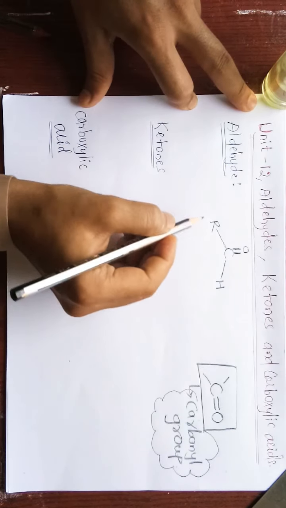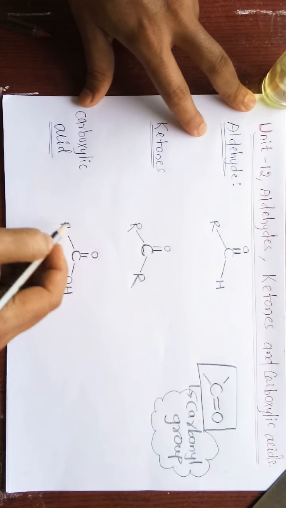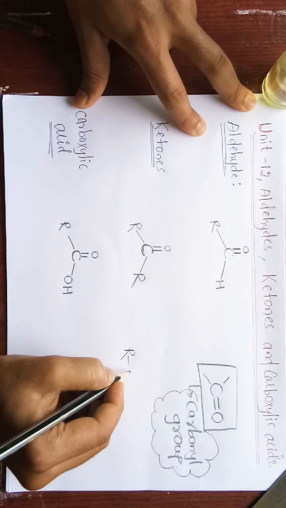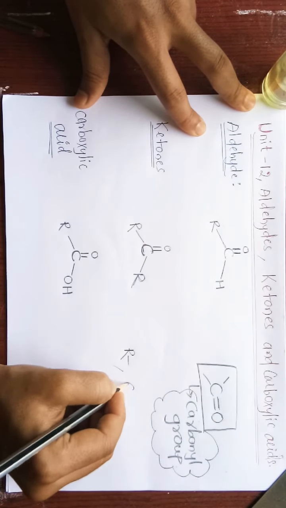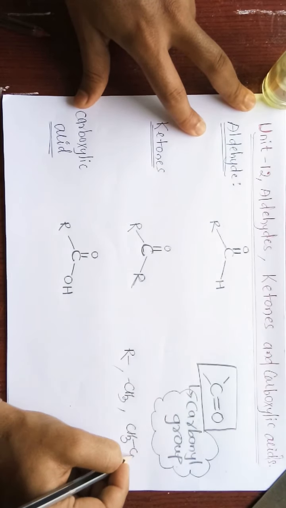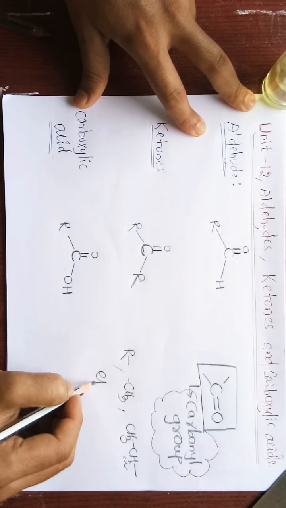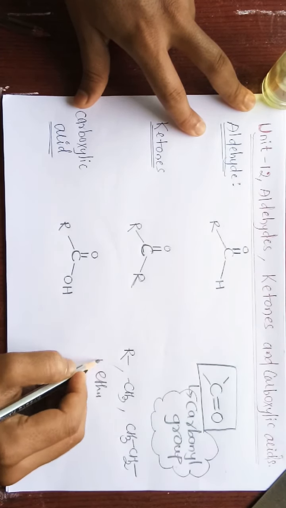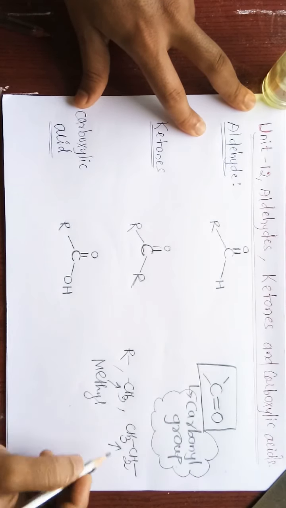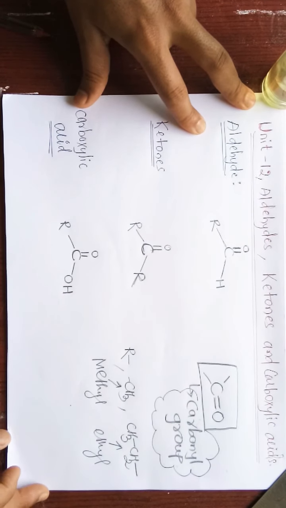And one thing we should keep in mind: R may be CH3, CH3CH2, anything, methyl, ethyl, propyl, that we have learnt before.